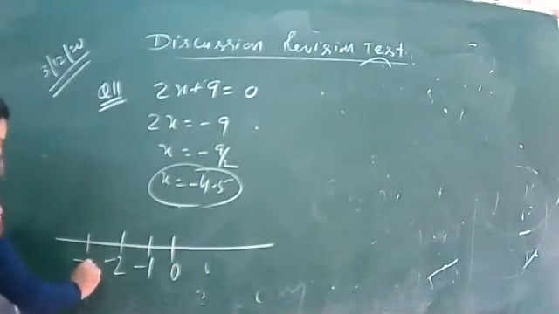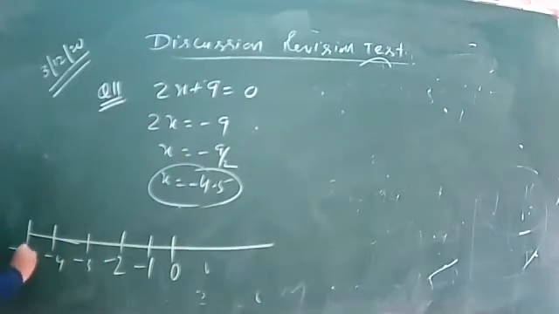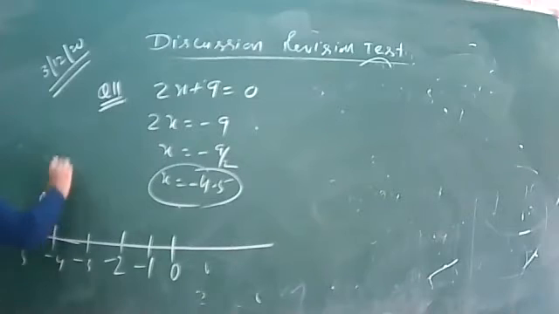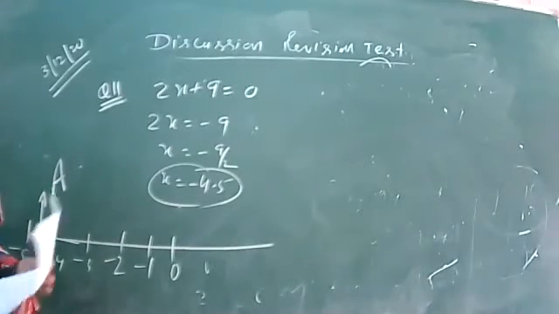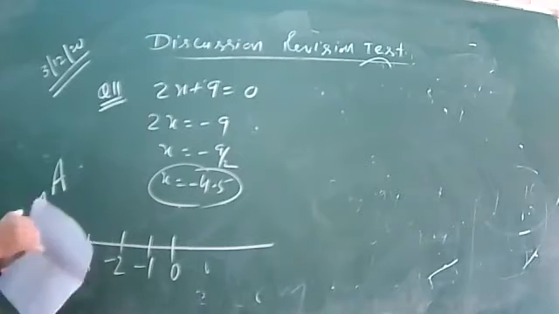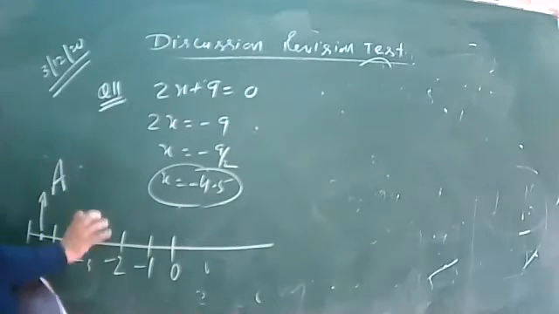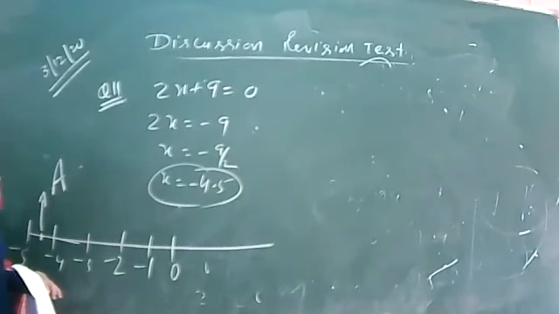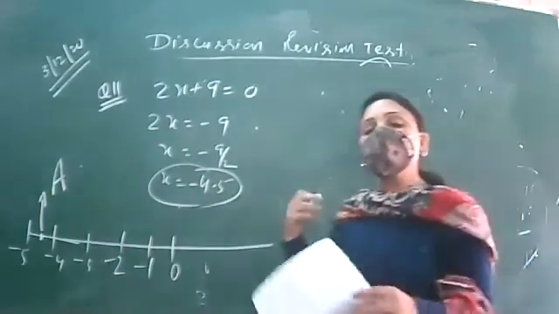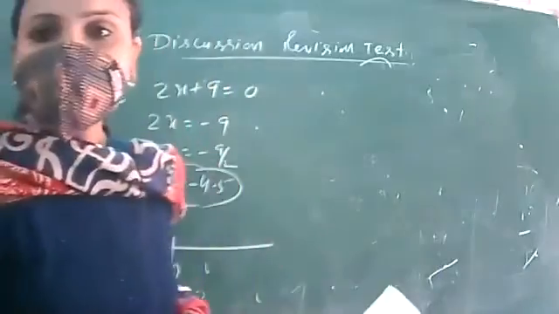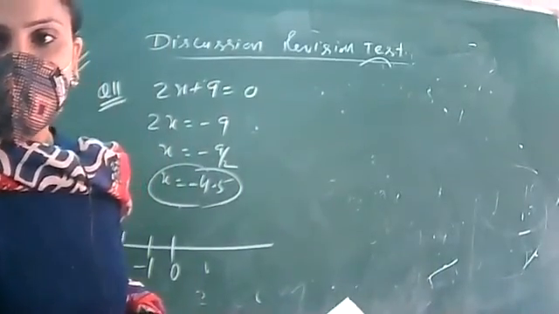And it is to be drawn like this. This is minus 4.5. That means you have to write that in one variable it represents a number on the number line as shown in the graph. Both ways you have to do. It is to be shown on the graph as well as written. Right? Chaliye, next.